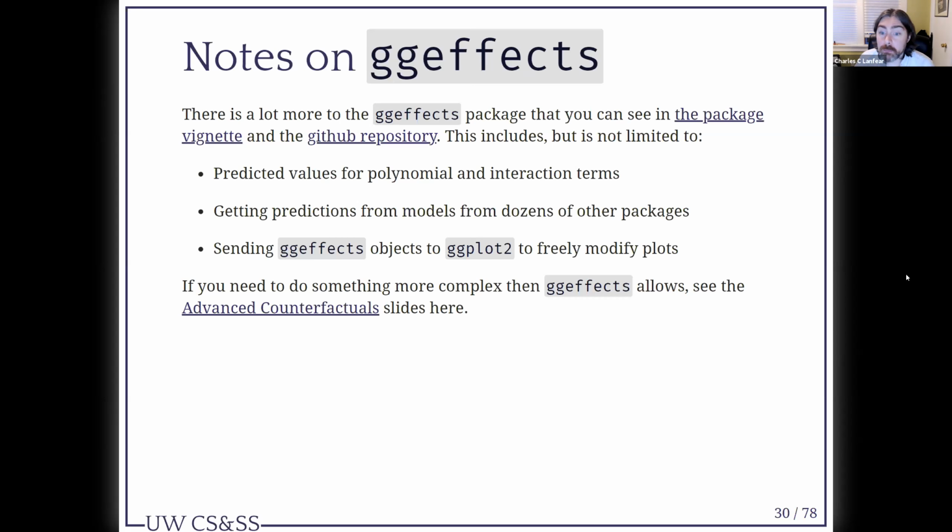If you want to do something more complex than what ggfx can let you do, I do have some slides that are code taken from a journal article of mine a while back on doing really complicated counterfactuals manually using a combination of dplyr syntax and simulated draws from multivariate normal distributions. If you need to do something really crazy, steal my code to do it. Maybe put me in the notes or something, or in a citation somewhere.